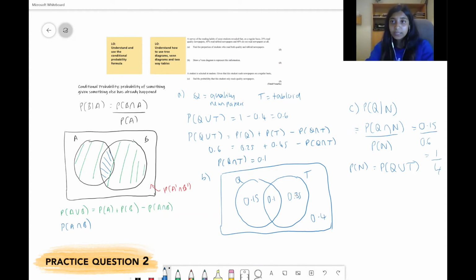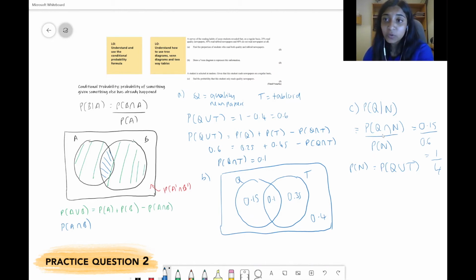So that's your answer. So the first bit is just using your normal probability formula that we derived over here. Second bit was just drawing it out in your Venn diagram. That bit is where your conditional probability comes into use. So it's a probability of reading quality newspapers given that they're reading newspapers.